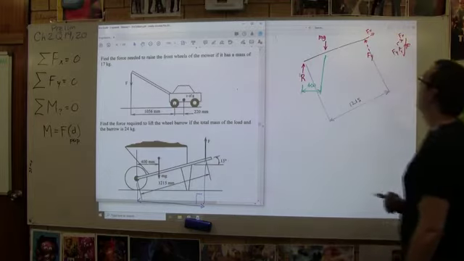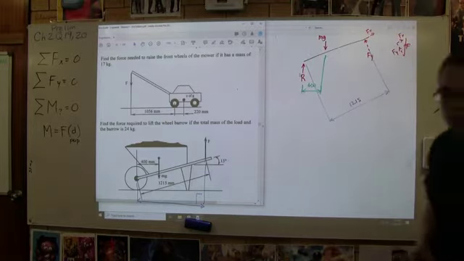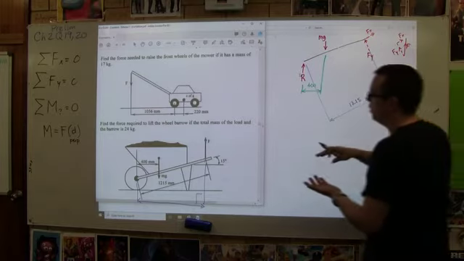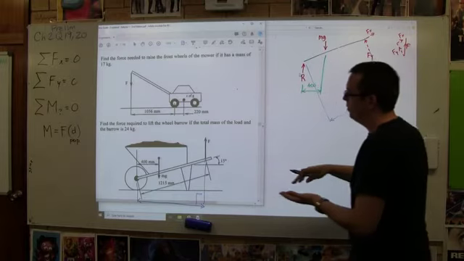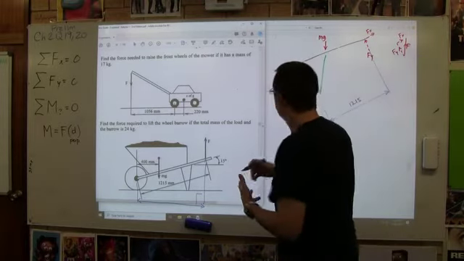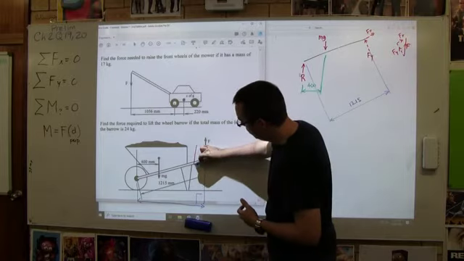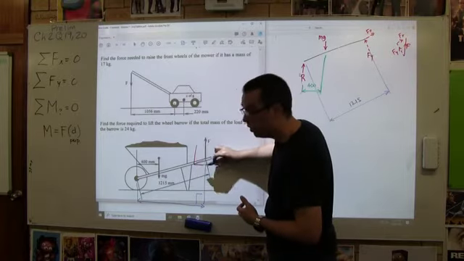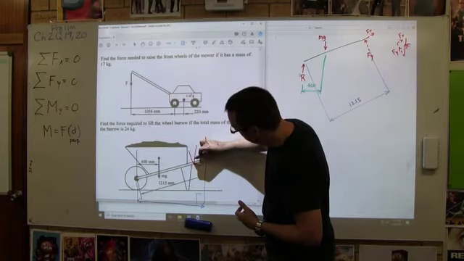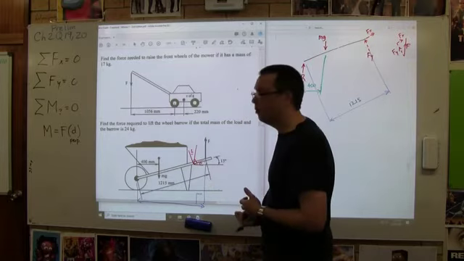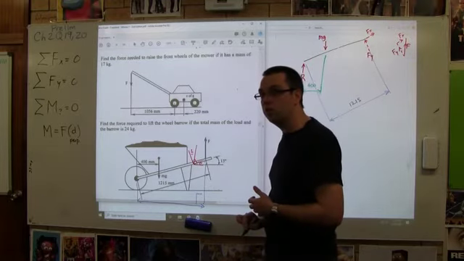Now, to break that force, we're just using trigonometry. If this angle here we're told is 15 degrees, and we add 90 degrees there, this will also be 15 degrees. Does that make sense?